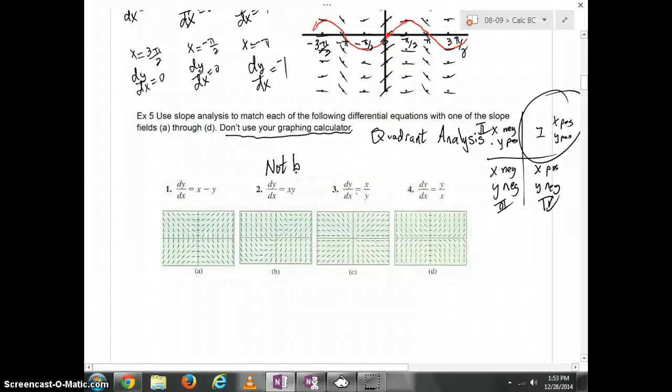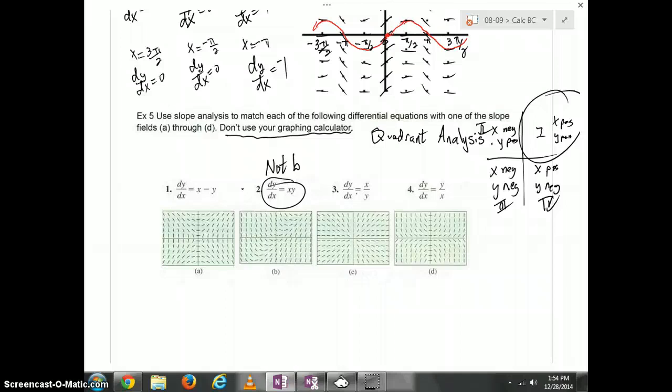Sadly, as we look in the other quadrants, though, you can't really narrow it down. Obviously, if you had x comma y here, the second quadrant should be negative because you have a negative x value and a positive y value. It looks like the remaining possible answer choices of A, C, and D all have negative tangent line slopes.